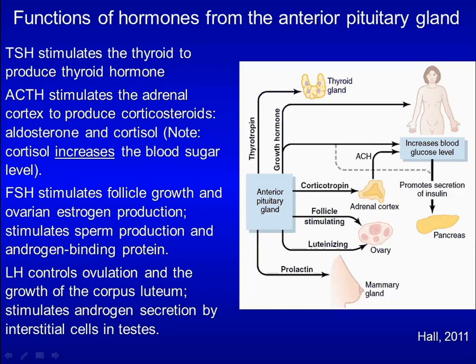It stimulates sperm production and androgen-binding protein in males. Luteinizing hormone controls ovulation and growth of corpus luteum in females. It stimulates androgen secretion by interstitial cells in testes in males.